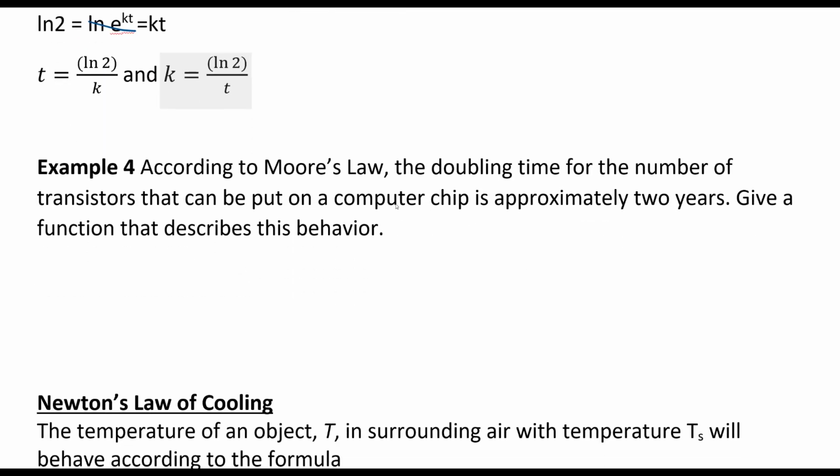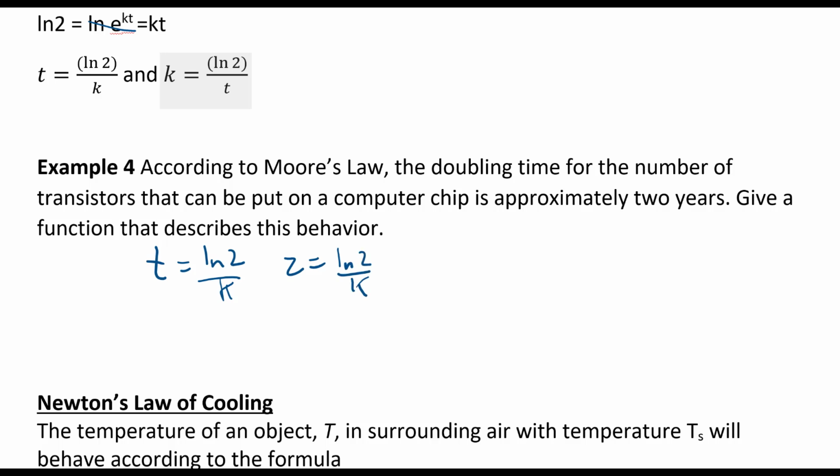So according to Moore's law, the doubling time for the number of transistors that can be put into a computer chip is approximately 2 years. Give a function that describes this behavior. So time equals natural log of 2 over k. So 2 equals natural log of 2 over k.